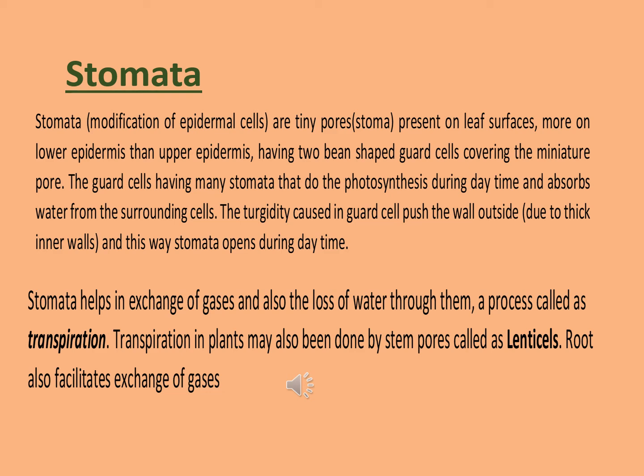Stomata play a very important role in the plant, as we have learned in the previous slides. They facilitate the exchange of gases, and at the same time they also help in the loss of water in the form of vapor, which is called transpiration.